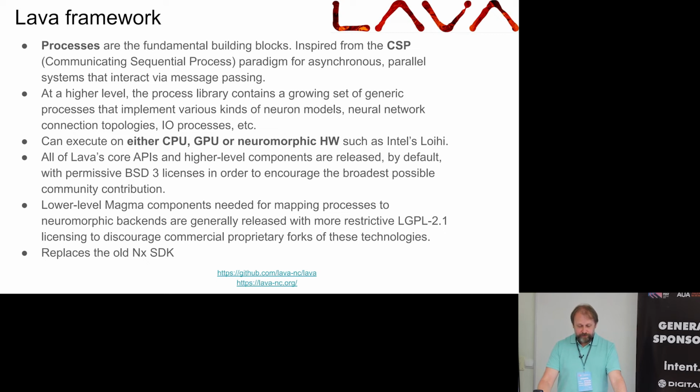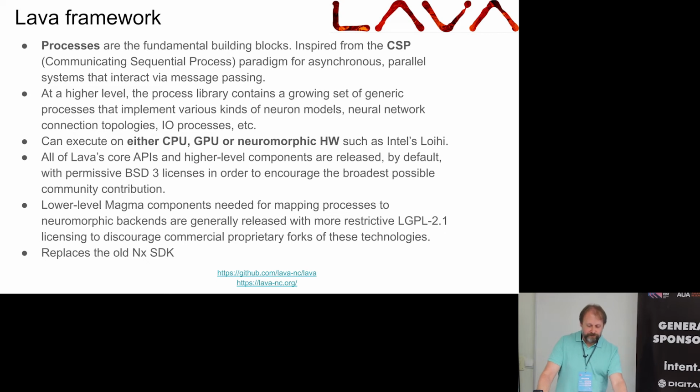Intel also developed and made open their own new framework called Lava. It's a framework for neuromorphic computations, and actually Intel had before another framework. They called it NX SDK. NX looked more like Keras or something like this, and was heavily linked to Loihi 1, and that's it.